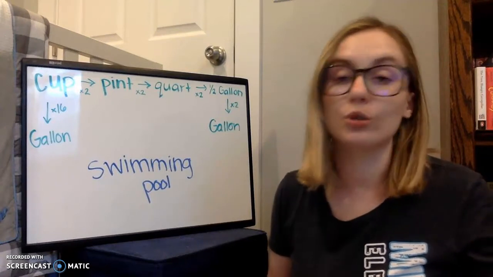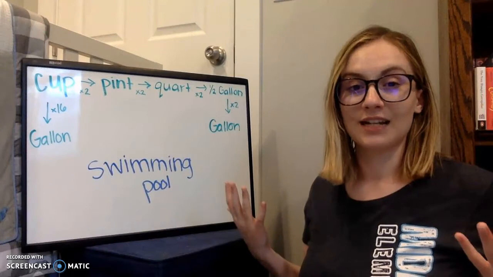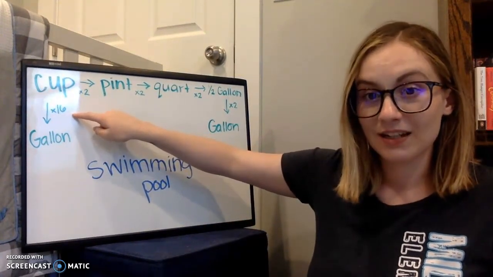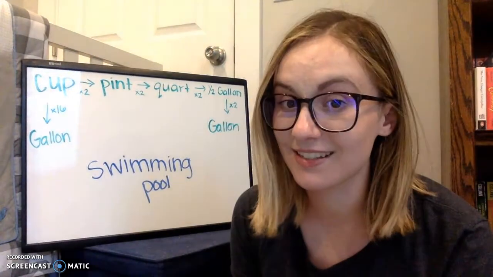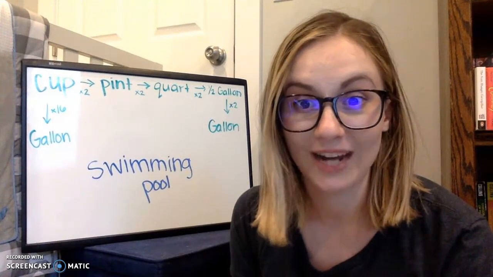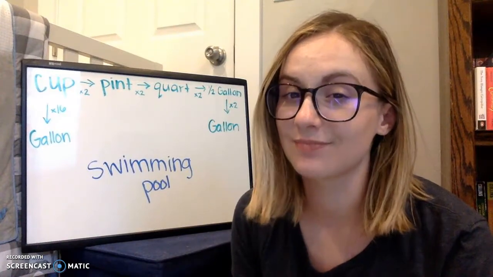Otherwise, it would just take too long, and there would be way too many of them. Because 1 gallon equals 16 cups. So if you have a swimming pool with 20 gallons, that's going to be like 320 cups, right? That's crazy. So swimming pool would probably be measured in gallons.